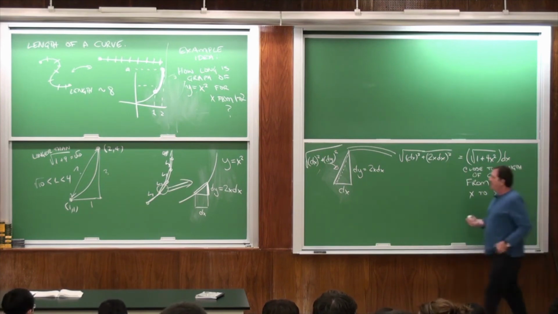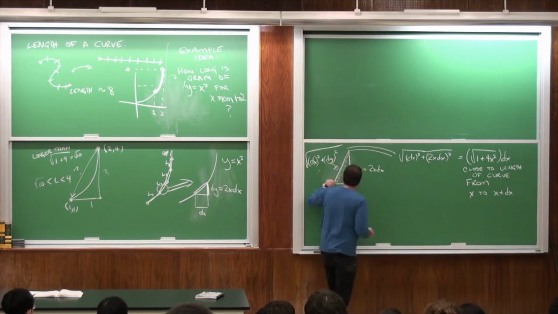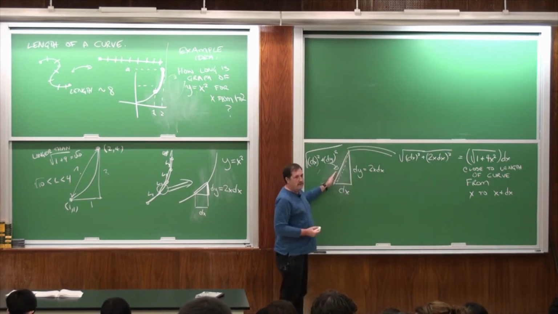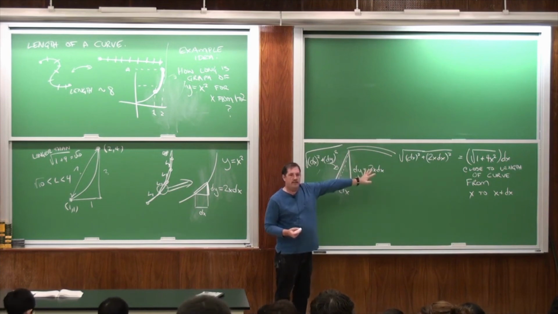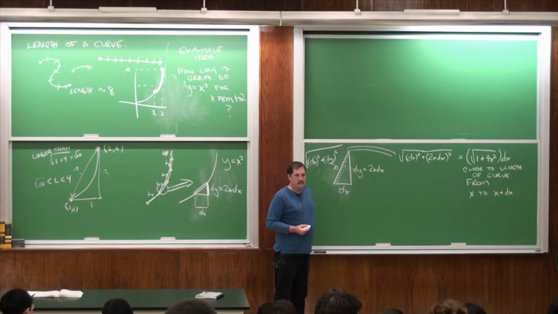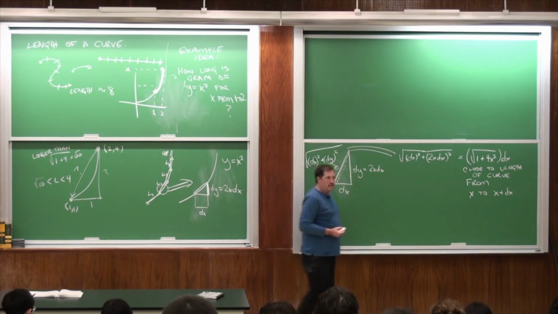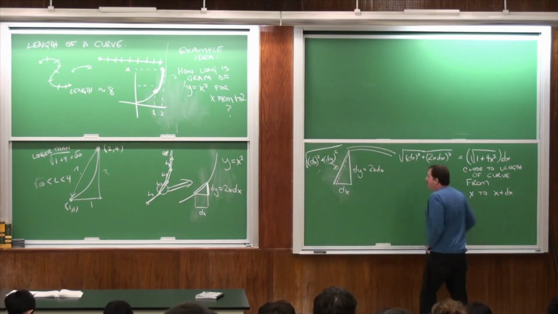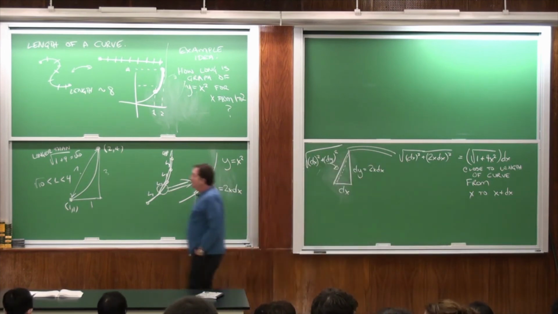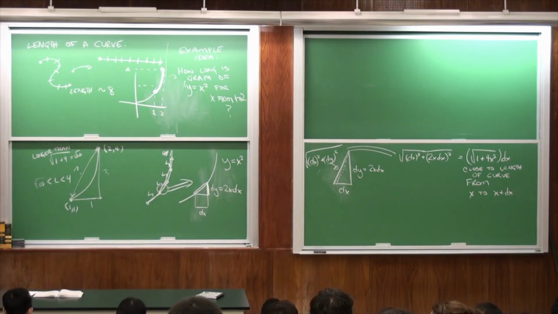What I've done is replace this little section of curve by a straight line, again thinking dx is a tiny little number, and that's how long it is. And then we use this idea: we integrate lots of tiny little things, we get a big thing.